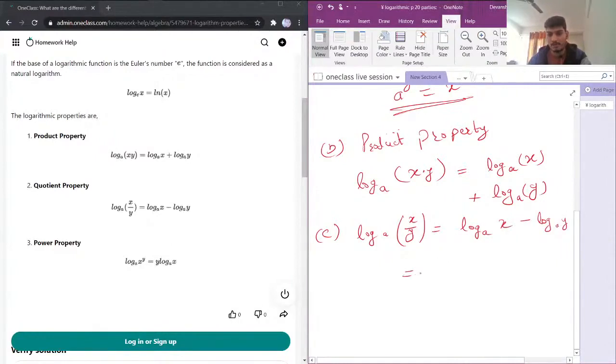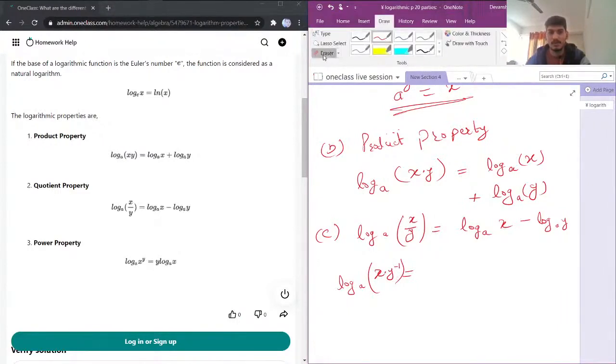We can also derive this property using the product rule. So I can also write this as log base a of x into y inverse. We'll come to this after the other property.